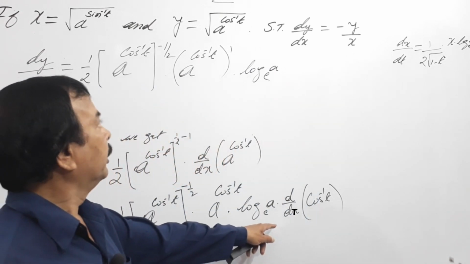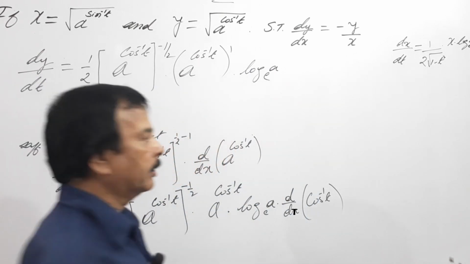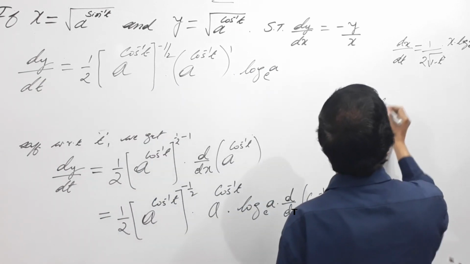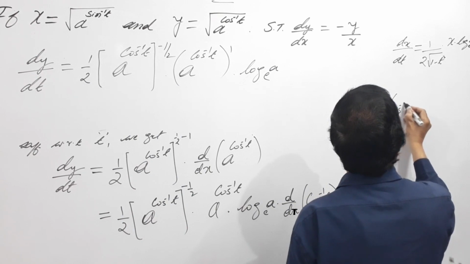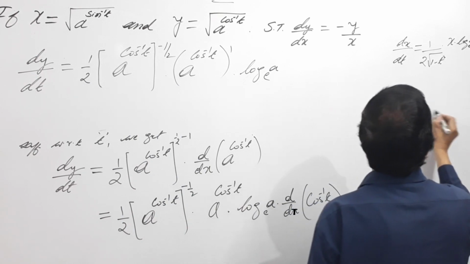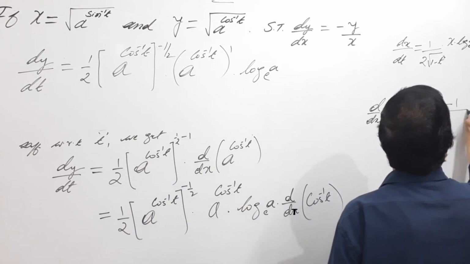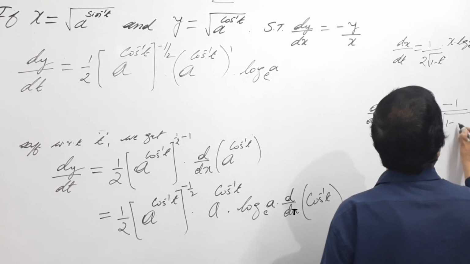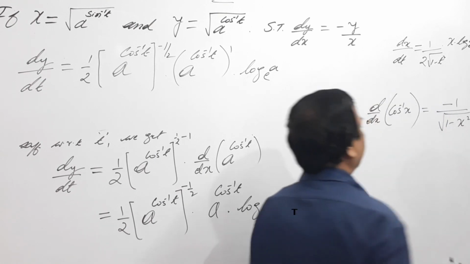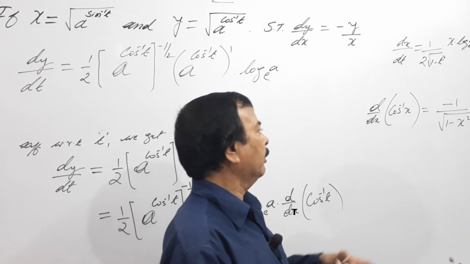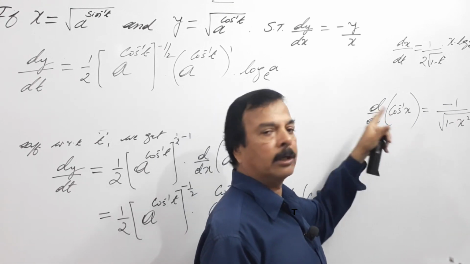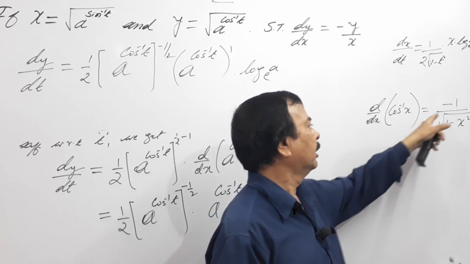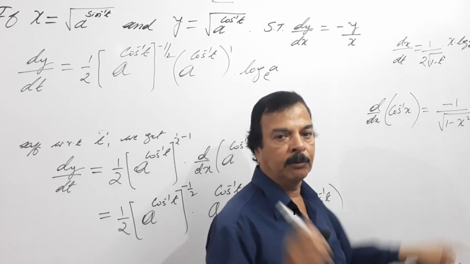Now d by dx of cos inverse t, that is d by dx of cos inverse x equals to minus 1 by under the root 1 minus x square. So remember, whenever we have something to do with c, that is cos theta, cot theta or cosecant theta, we'll always have a minus value. Don't forget this.